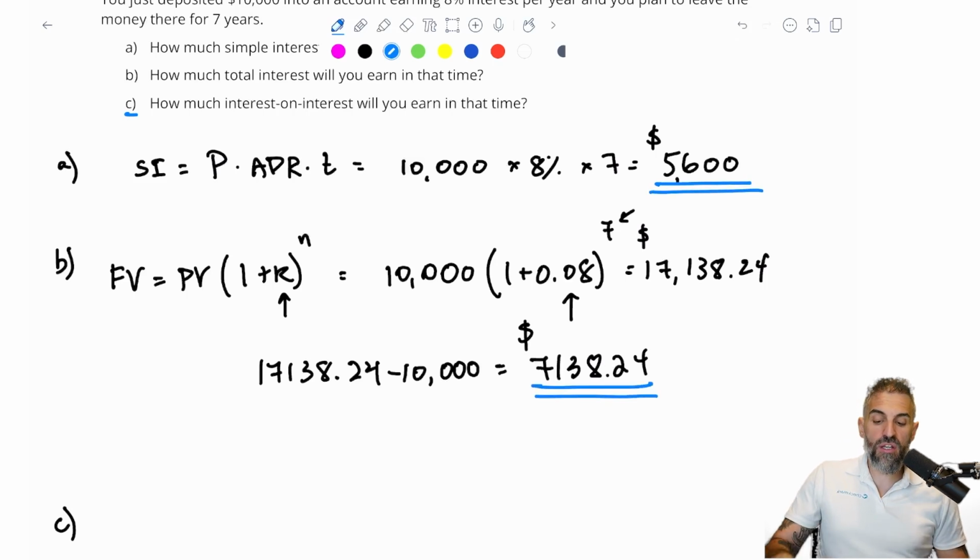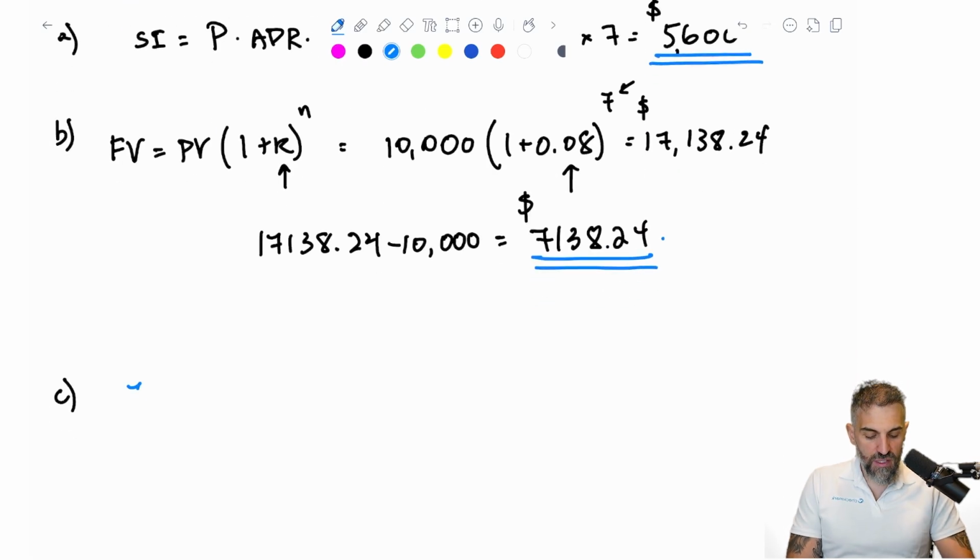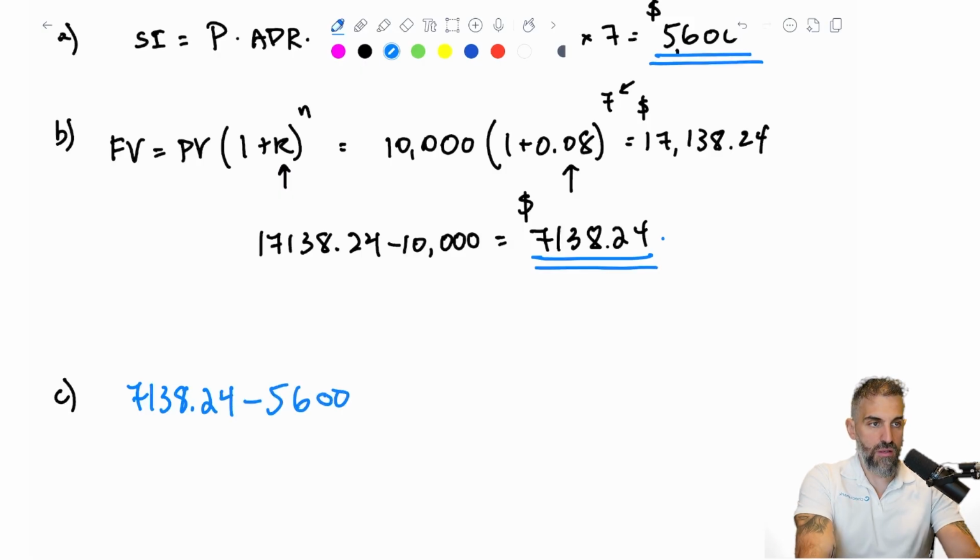Like if you were only earning interest on your initial 10K, you would have $5,600 of interest, but you have $7,138. So if you take $7,138.24 minus $5,600, $1,538.24.